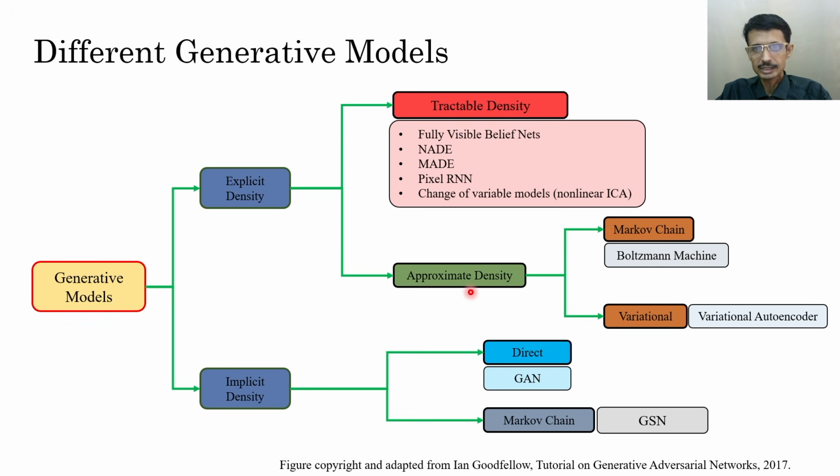Another is approximate density, for example Markov chain models like the Boltzmann machine, or variational methods, where we approximate the density. In the case of implicit density models, one is the direct implicit model, the generative adversarial network, and another is Markov chain based, the GSN. This gives you an idea that different types of generative models exist based on the estimation.